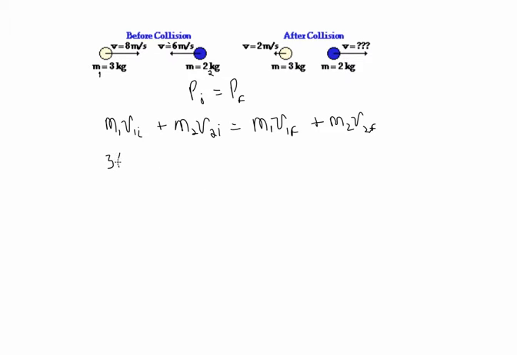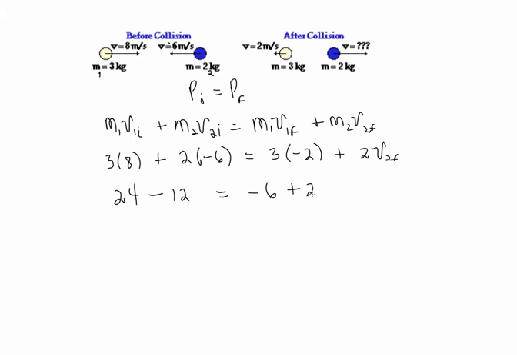So I'm going to take 3 times 8 plus 2 times negative 6. Remember, that's going in the opposite direction. Equals M1, which is 3. But look at the direction that it's going. It's going to the left, making it a negative 2. Plus M2, which was 2, times V2 final. 3 times 8 is 24, minus 12, because 2 times negative 6 is negative 12, equals negative 6 plus 2 V2 final.